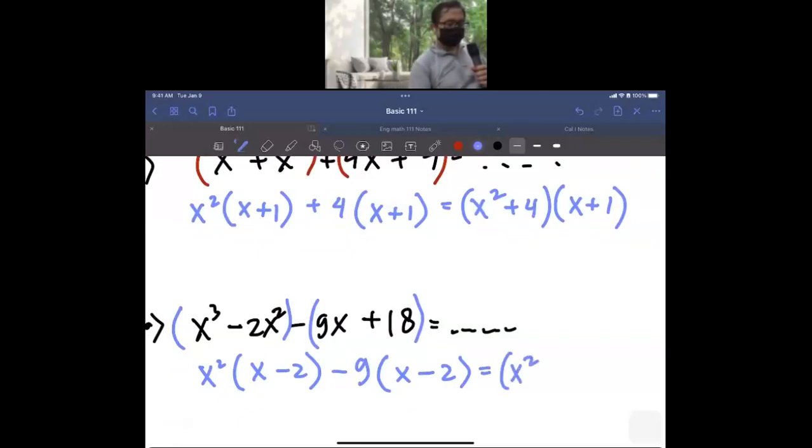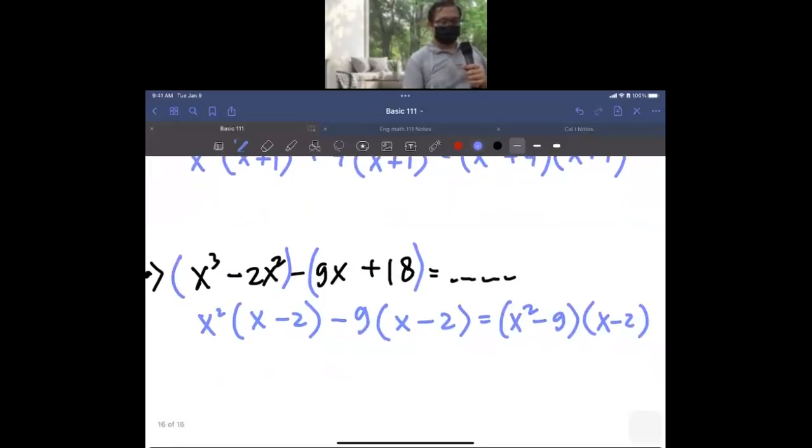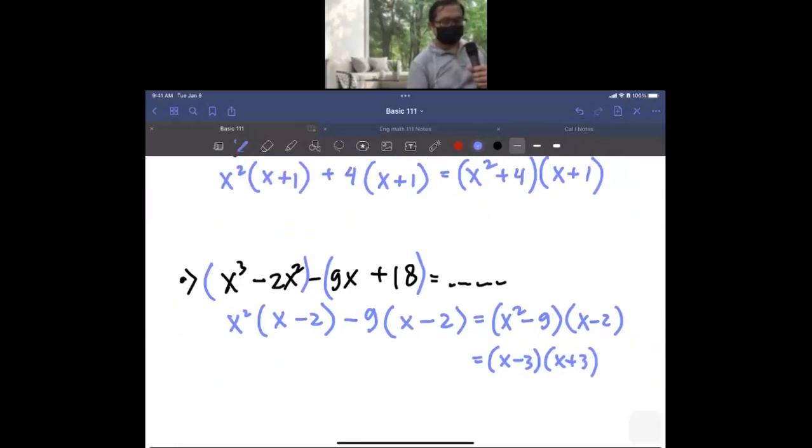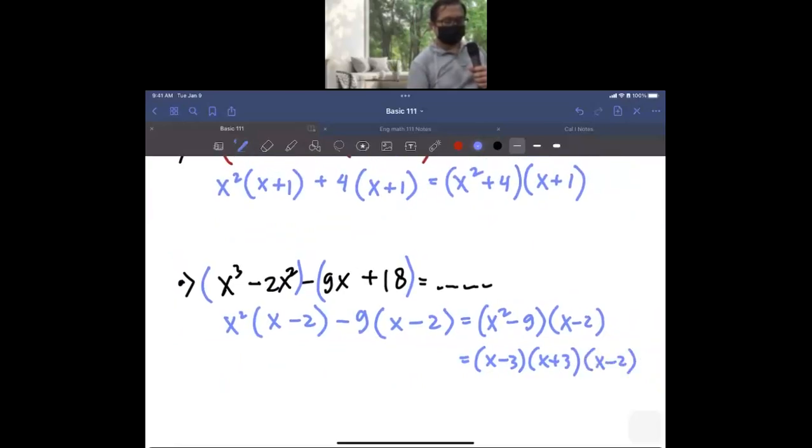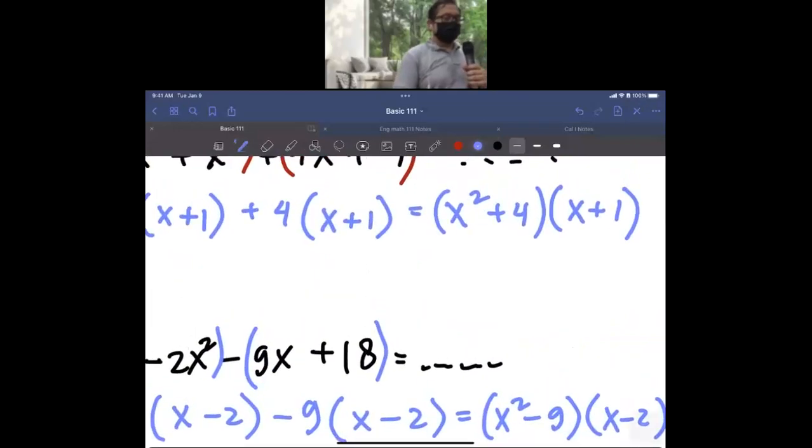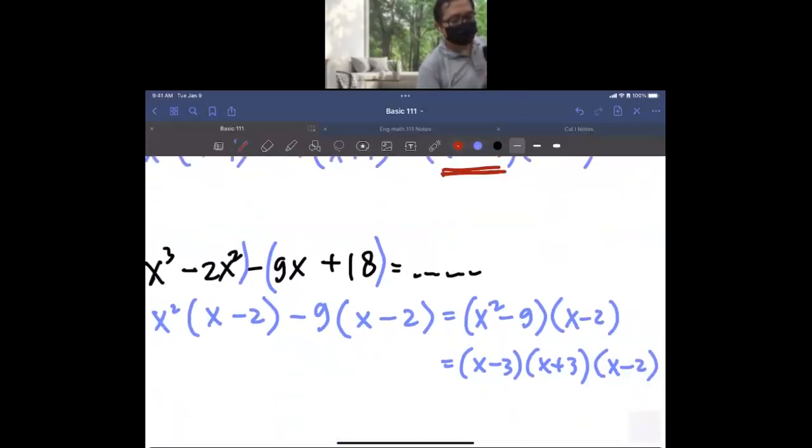And then we can have x squared minus 9, x minus 2. This can be factored out one more time. For this x squared plus 4, we just stop here, right?